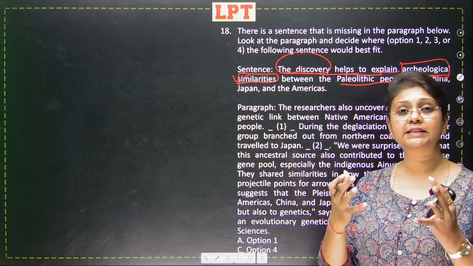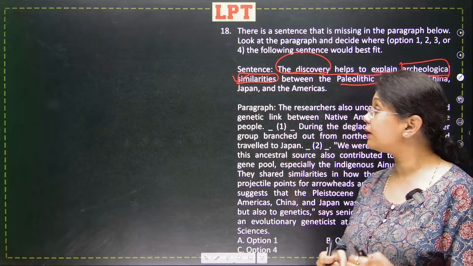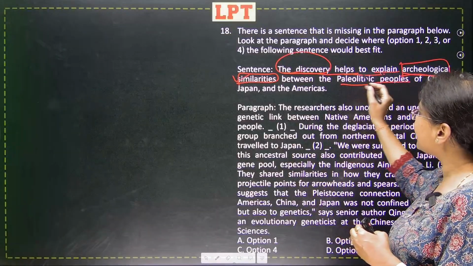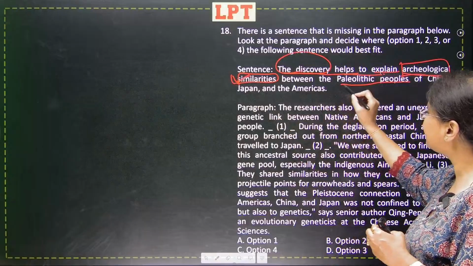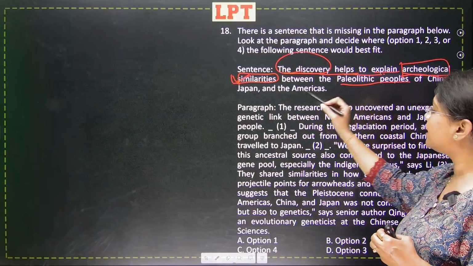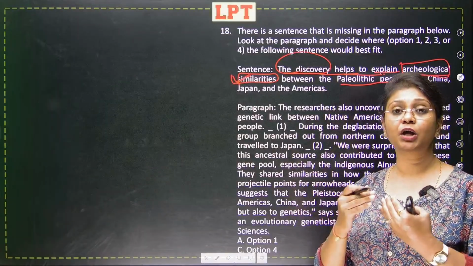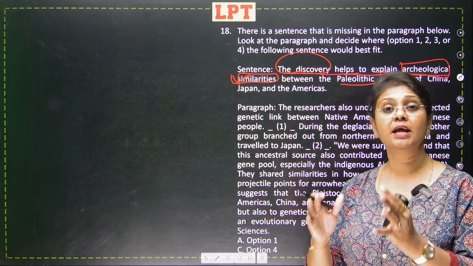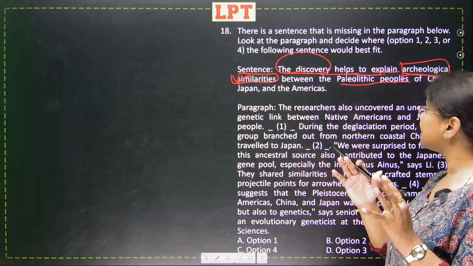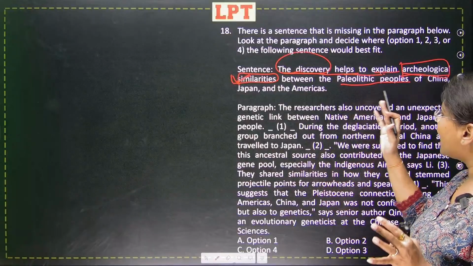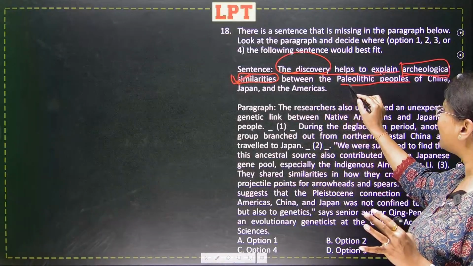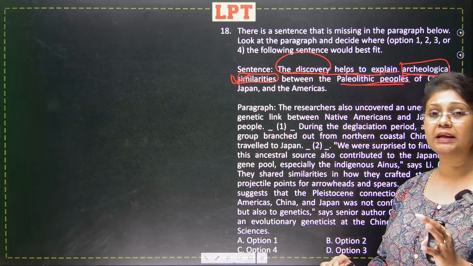What is that discovery trying to explain? It tends to explain archaeological similarities between the Paleolithic peoples of China, Japan and the Americas. So we have understood that we are talking about a certain discovery, and this discovery explains the archaeological similarity between the Paleolithic peoples of China, Japan and the Americas.